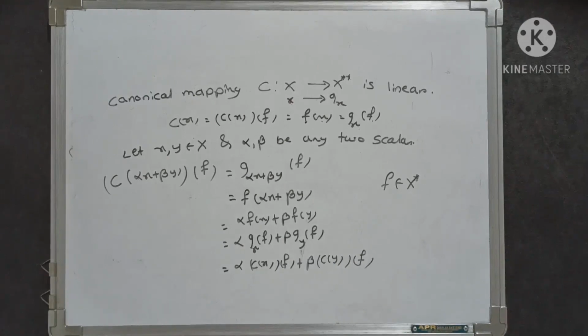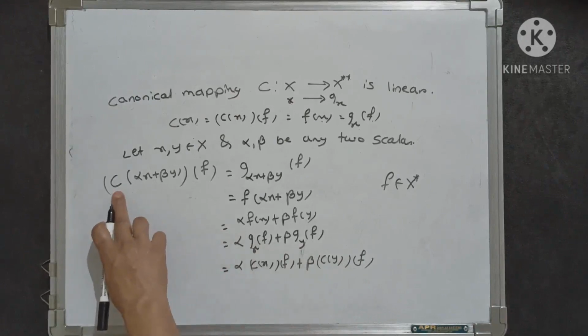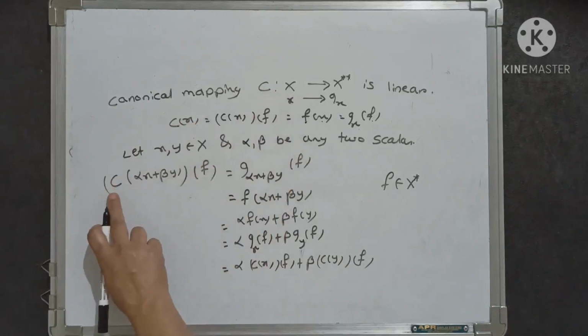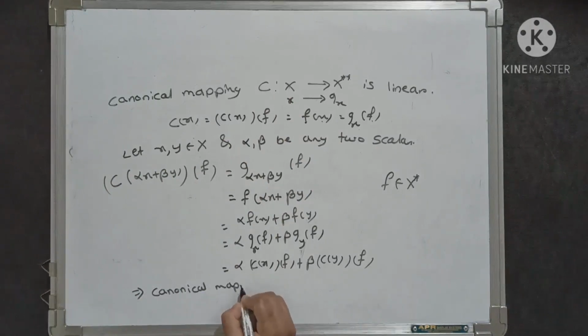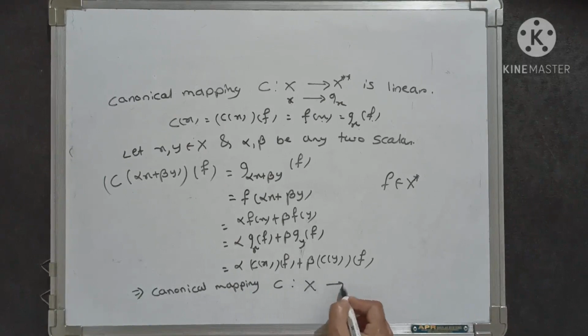In this way we show that the mapping C, that is the canonical mapping, is linear. This implies that the canonical mapping C, which is from X to X double star, is linear.